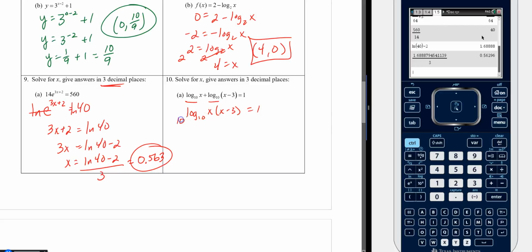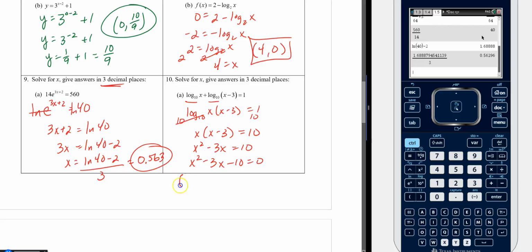I can exponentiate both sides. So I get x times x minus 3 is equal to 10, because it was 10 to the first power. So I get x squared minus 3x is equal to 10. Subtract the 10.